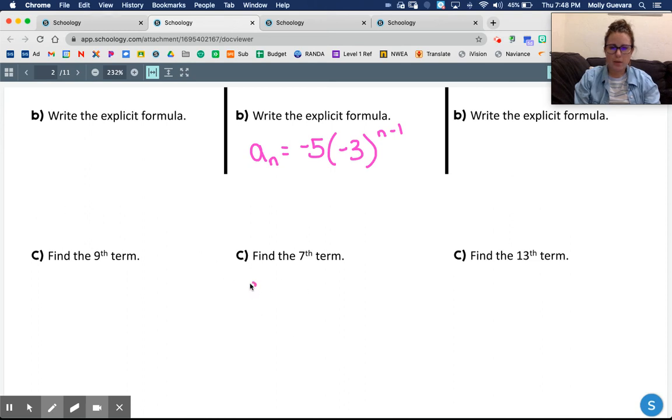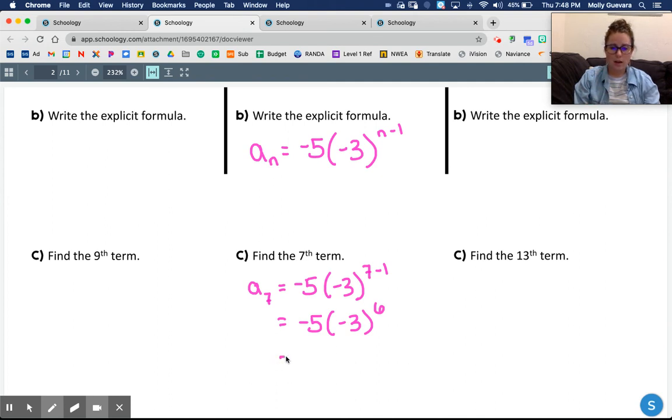And then part C, I want to know the 7th term. So I'm going to plug in 7 wherever I see an n, -3, and then 7 minus 1. So this is -5 times -3 to the 6th. You have to be very careful with parentheses here if you're going to enter the whole thing into your graphing calculator.